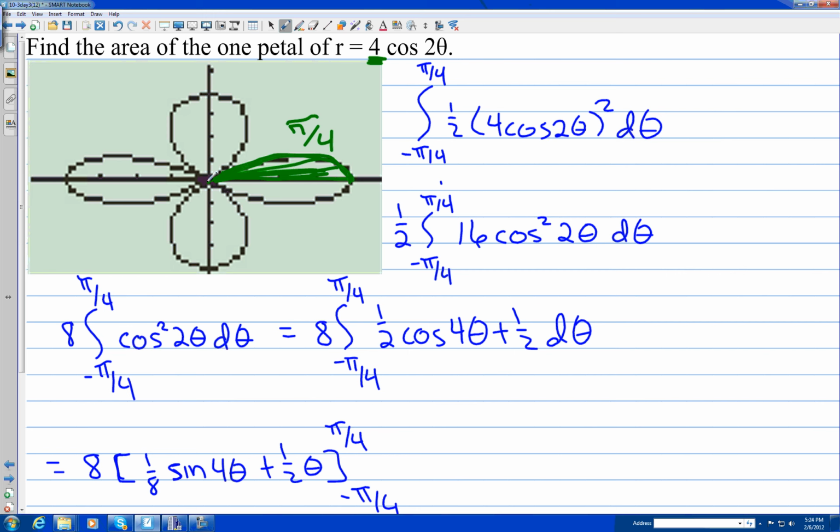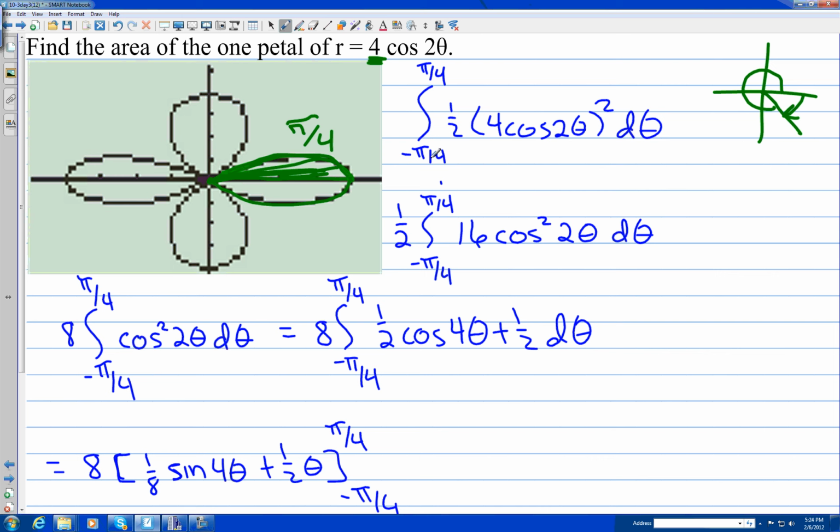And then we're going to loop all the way around the curves. And once it gets back to here, it's going to be 7 pi over 4 to 8 pi over 4, which is 2 pi. But instead of splitting it up into two integrals, this 7 pi over 4, here's your 7 pi over 4 right here, if you go in this direction, can also be considered negative pi over 4.